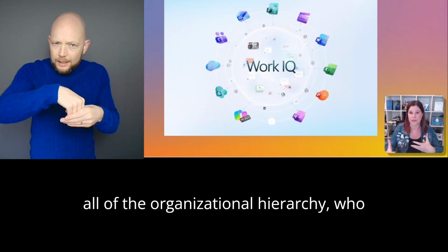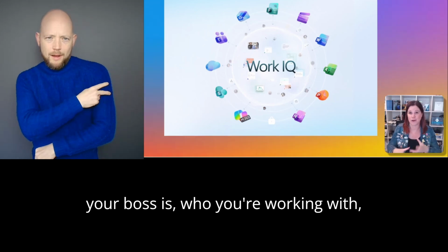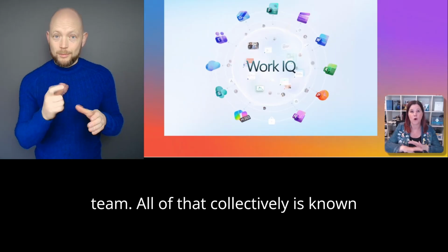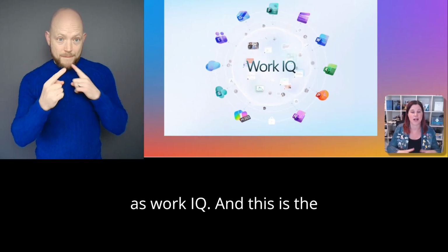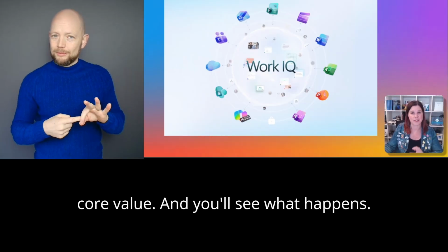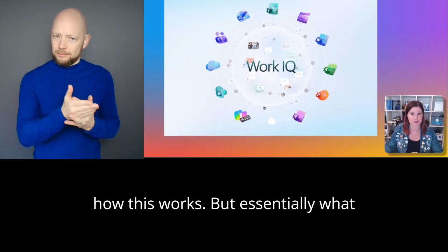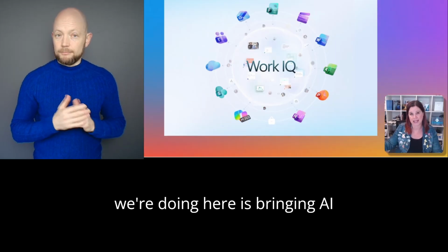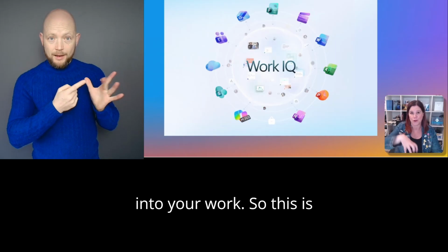So all of the organizational hierarchy, who your boss is, who you're working with, who your collaborators are, who's in your team. All of that collectively is known as Work IQ. And this is the core value. And you'll see what happens. I'm going to show you some examples of how this works. But essentially what we're doing here is bringing AI into your work.